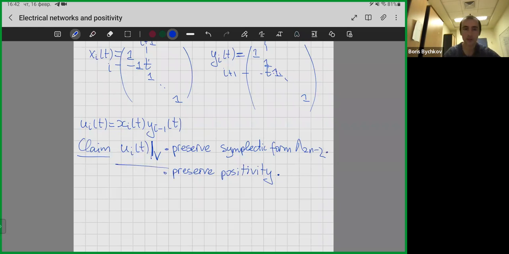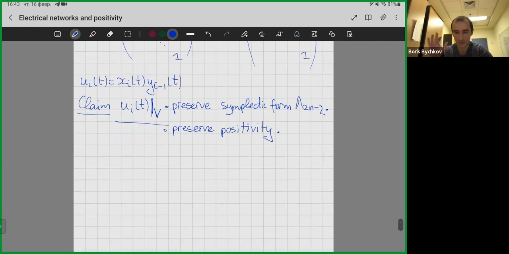I skipped one combinatorial construction, how to build a bipartite network from an electrical network, but in fact there is a certain construction.